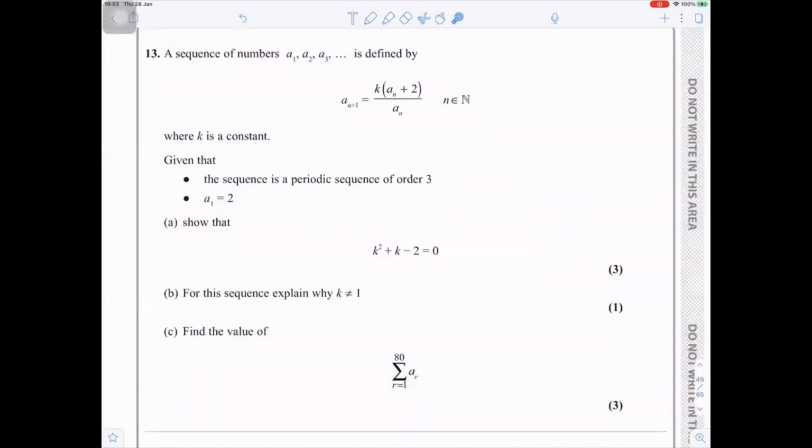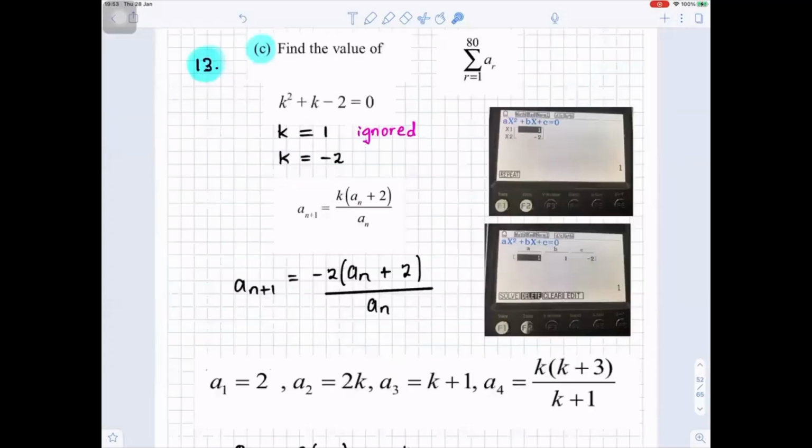Question 13. Find the value of the sum of Ar from r equals 1 to 80. So what we want to do is solve this quadratic, K squared plus K minus 2 equal to 0. And we've accepted that K cannot be equal to 1. So we ignore this first answer and we want to use K equals minus 2.